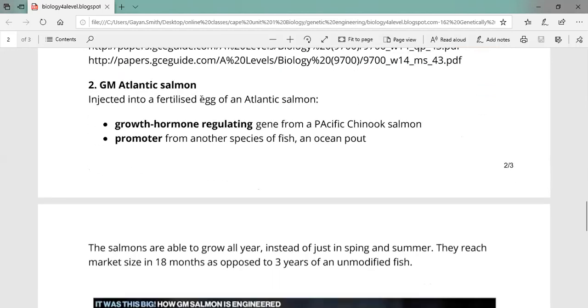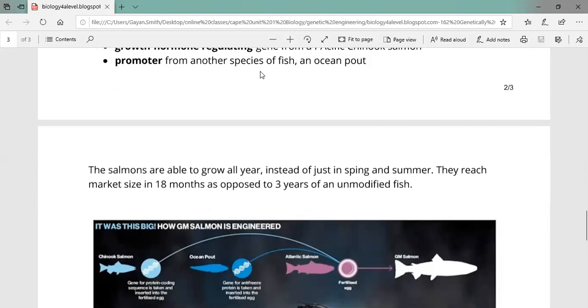The other thing which they were able to alter as well was the salmon. So there is this Atlantic salmon. They injected growth hormone into the egg of the Atlantic salmon. Now, the growth hormone regulating gene was taken from the Pacific Chinook salmon, and they got the promoter from another species of fish called an ocean pout.